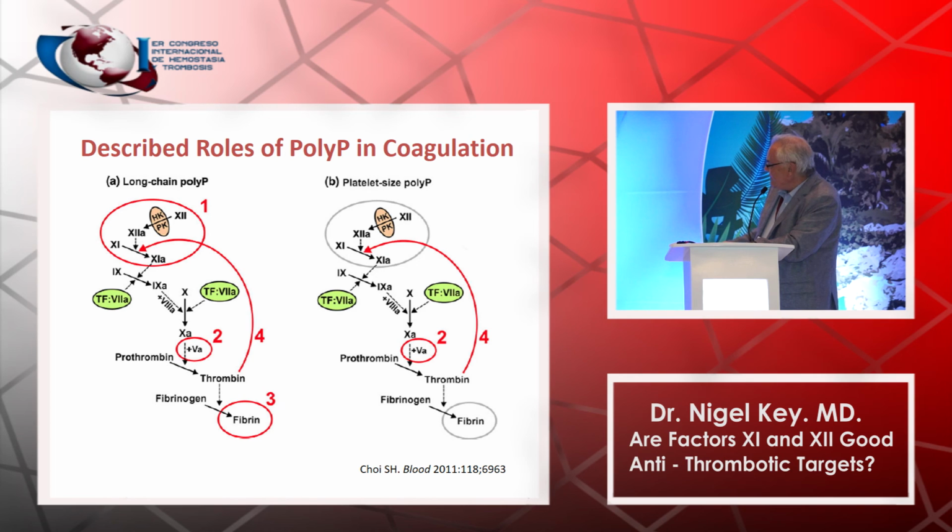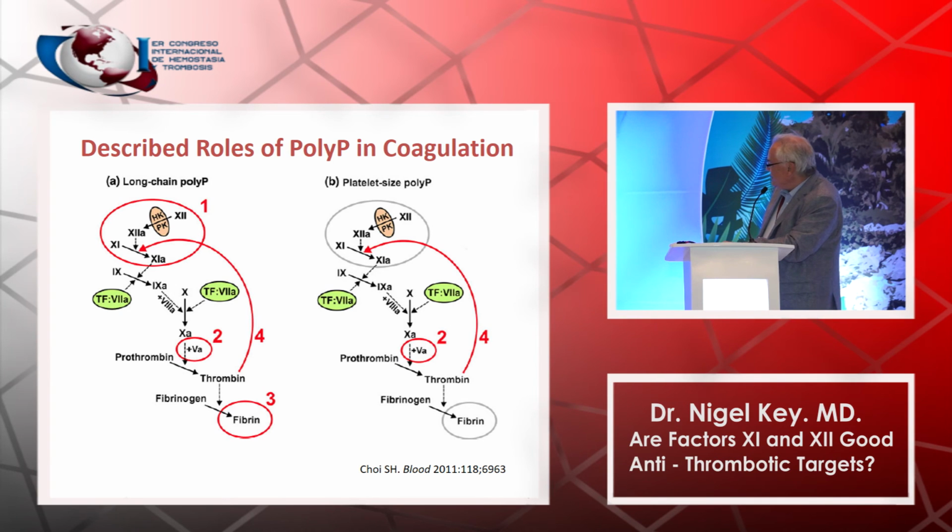But they can have other effects, procoagulant effects on coagulation that Morrissey described, and I won't go into some of these other effects. They can promote factor 5 activity in the prothrombinase complex, and the feedback of thrombin-mediated factor 11 activation.